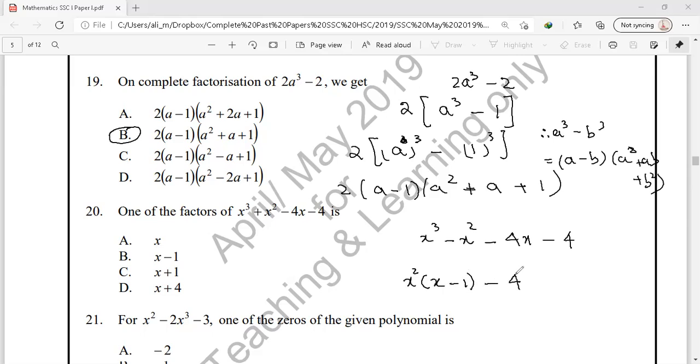Similarly, we take 4 common, and the remaining is (x minus 1).